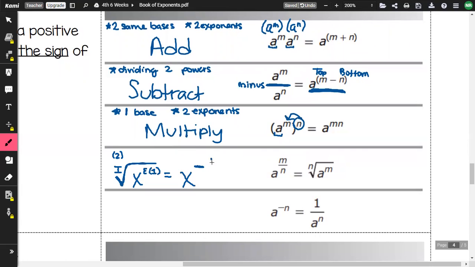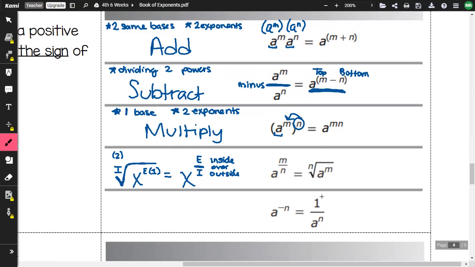Inside over outside, meaning I over E or E over I. E over I, exponent over index, inside over outside, exponent over index. And this is the way the formula looks on the formula chart for the STAR test. So you do need to know how that looks for future reference or how to use that.